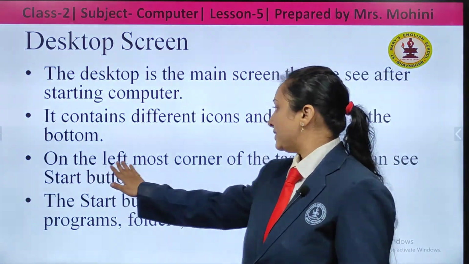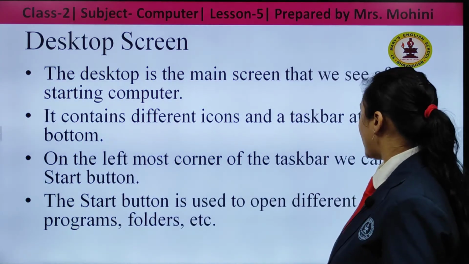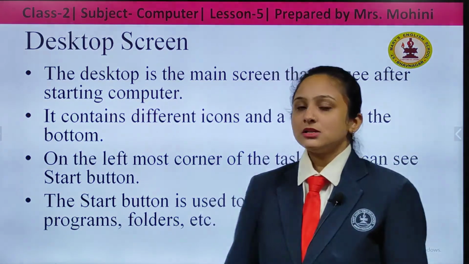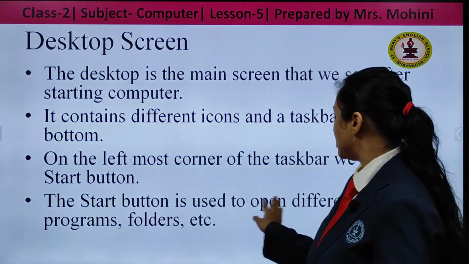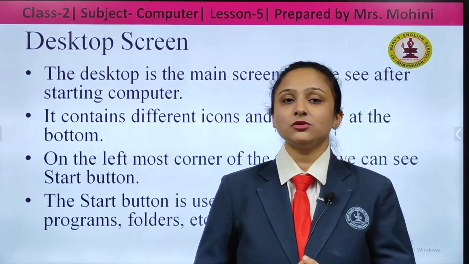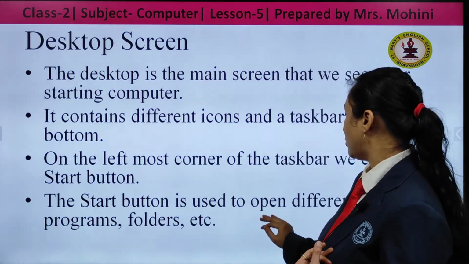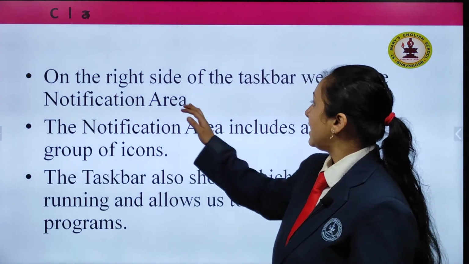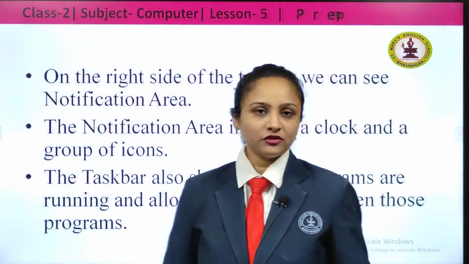On the leftmost corner of the taskbar, we can see the start button. What is the use of a start button? It is used to open different programs and folders. On the right side of the taskbar, we have a notification area.